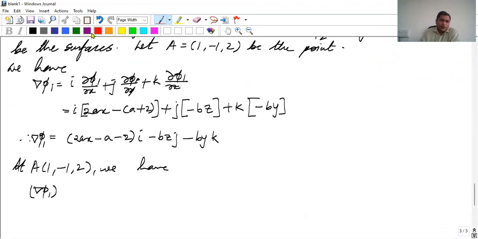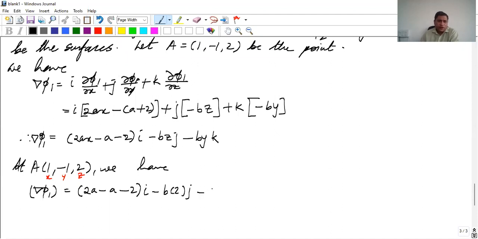At this point we have the value of x, the value of y, and the value of z. Let us put these values. x is going to be 1, so this is 2a minus 2i. Then minus p, z is going to be 2, j.